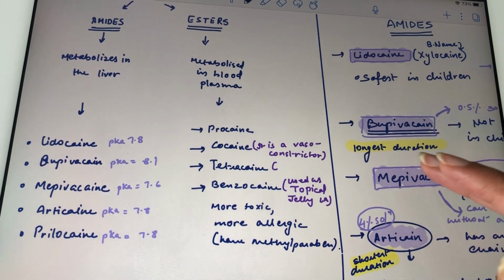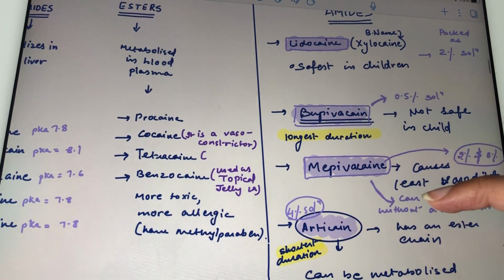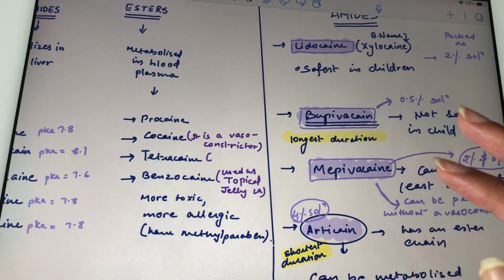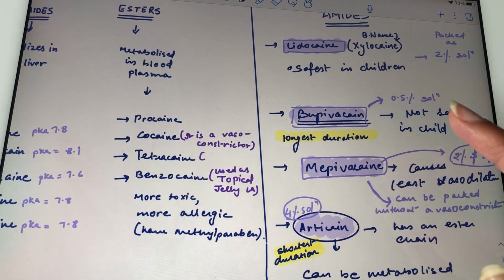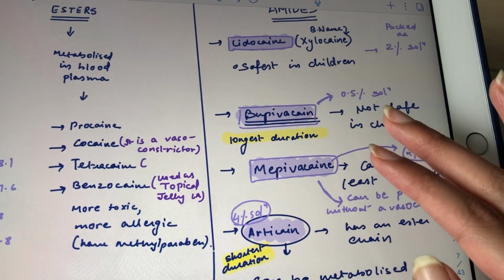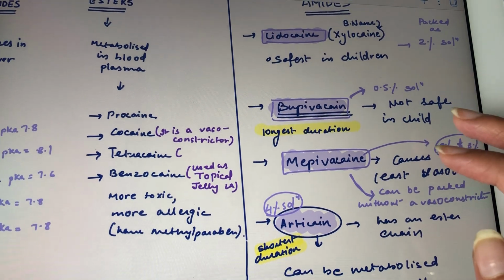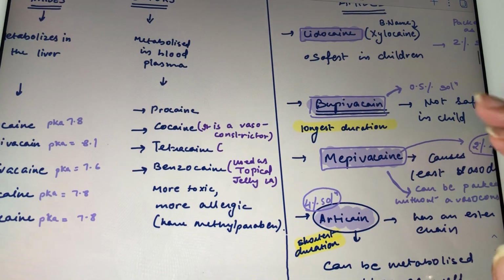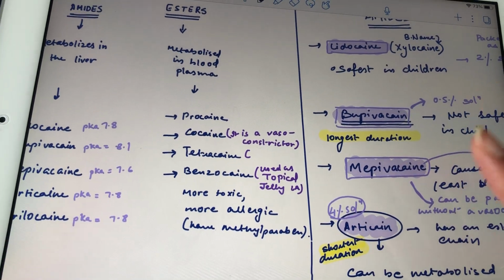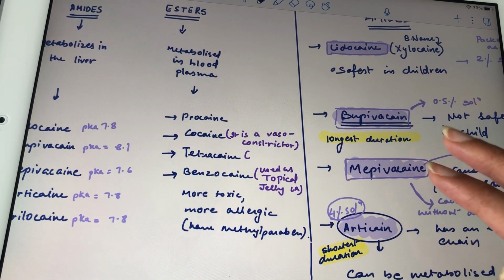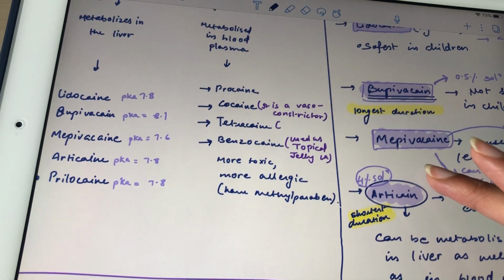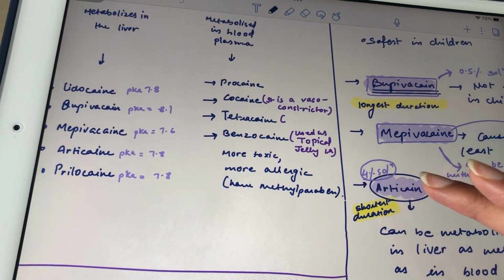Among amides, mepivacaine is the one which can skip the addition of a vasoconstrictor because it is the least vasodilator.